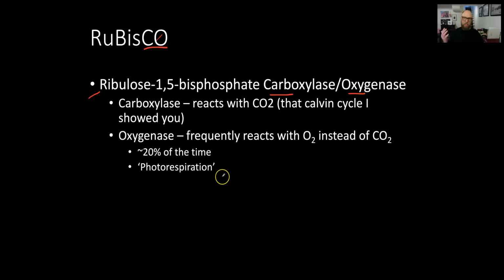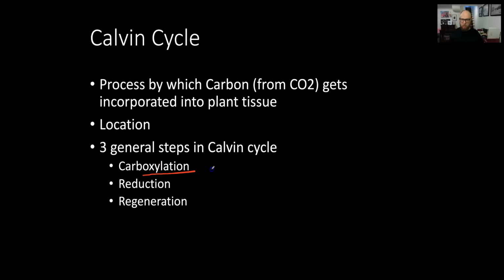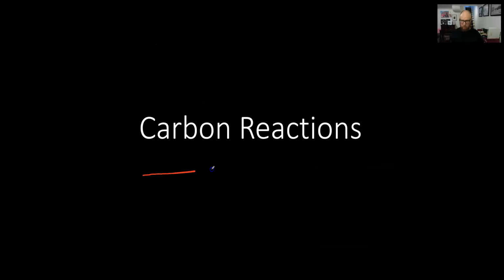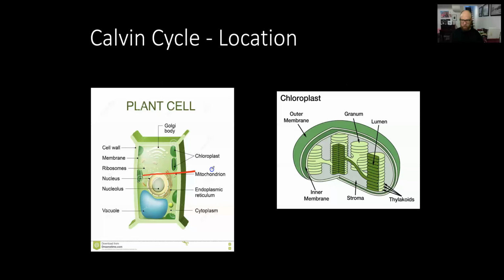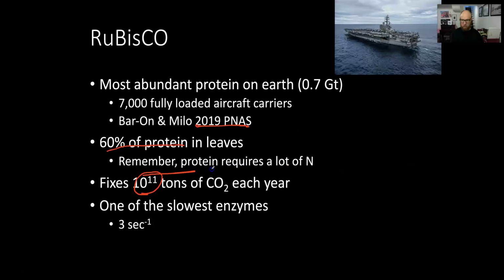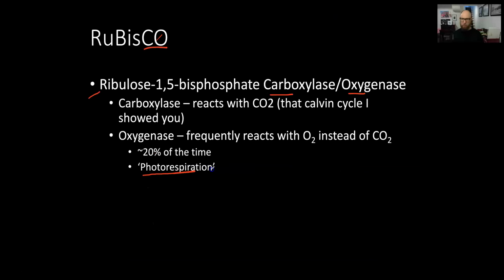And because it's releasing CO2, which is a respiratory process, this process, when rubisco reacts with oxygen, is referred to as photorespiration. All right, so photorespiration is when rubisco reacts with oxygen and releases CO2.